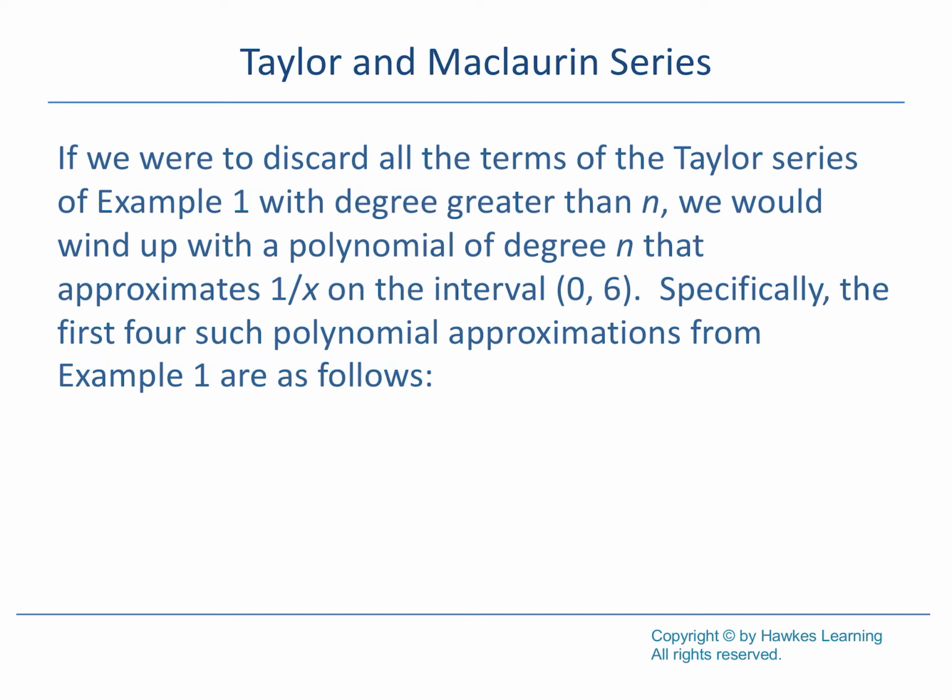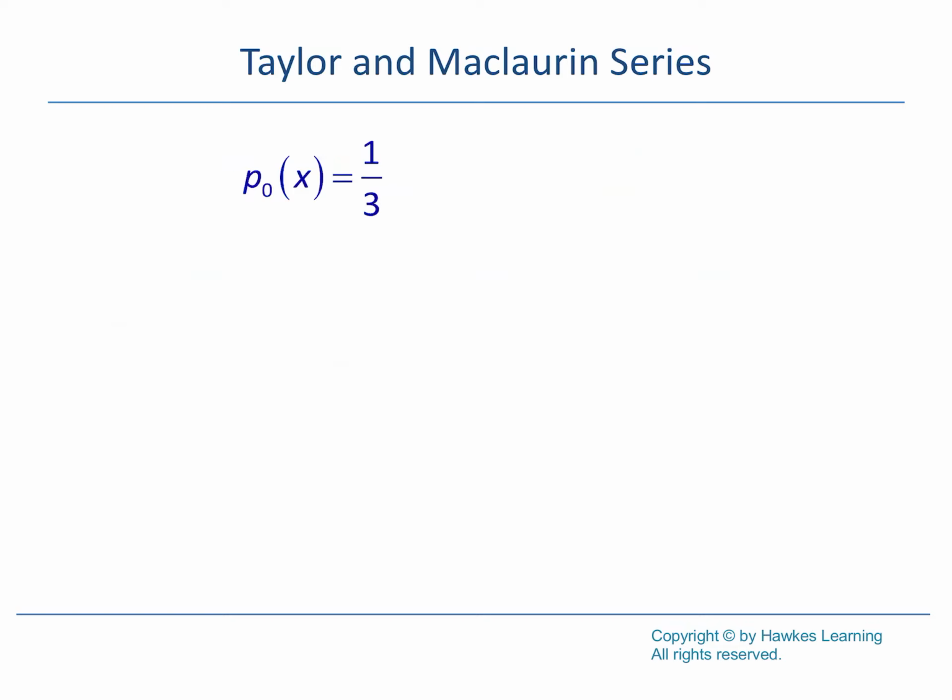Yes, and this is making a point here that we can truncate a Taylor series. We can cut off the tail of it and just take the first n terms and have what's called a Taylor polynomial. And that would be a good approximation of the function.